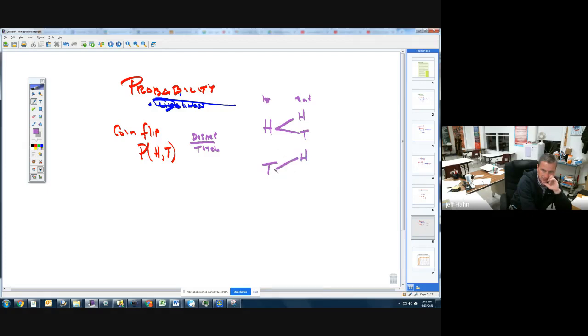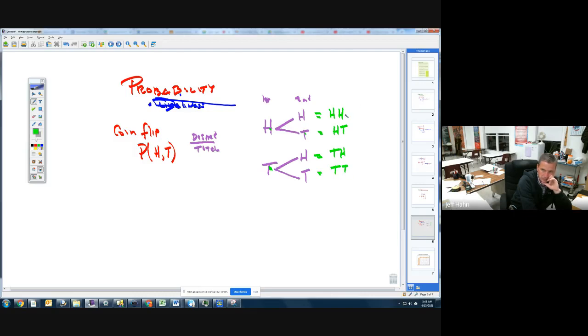So this is a way to keep track of all your possible combinations, because your combinations are this: a head and a head. Put those two heads together, you get head, head. You get a head, tail. You get a tail, head. And you get a tail, tail.